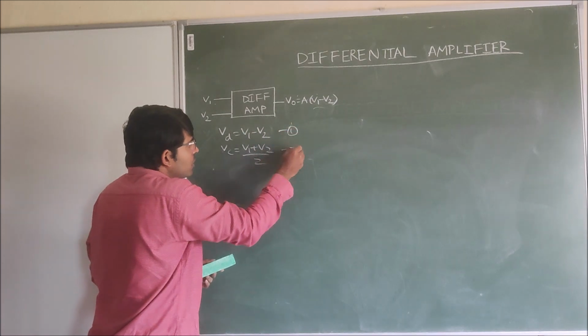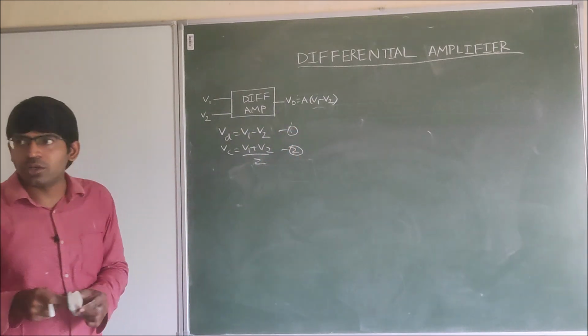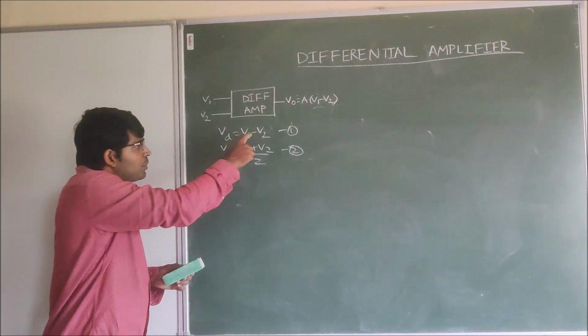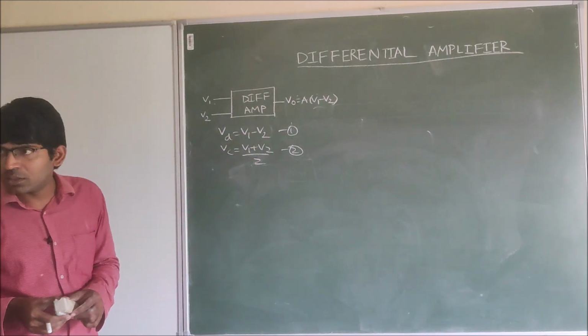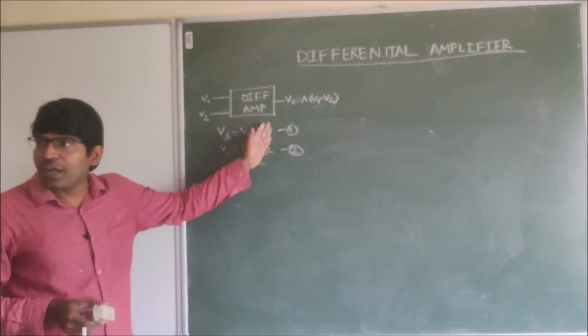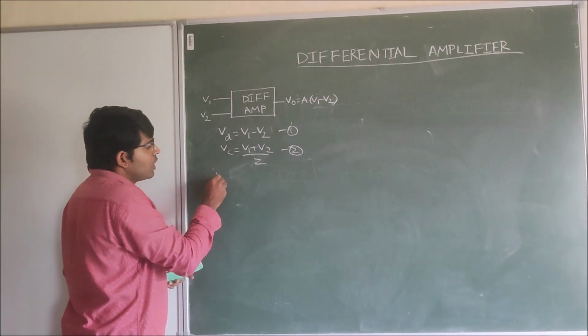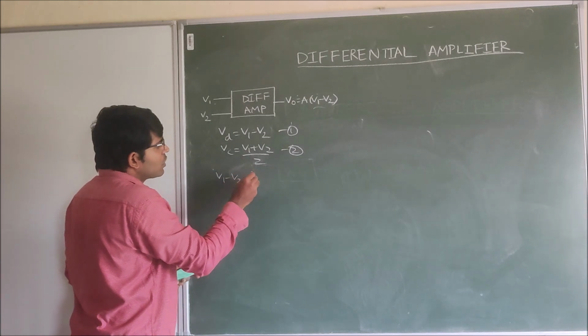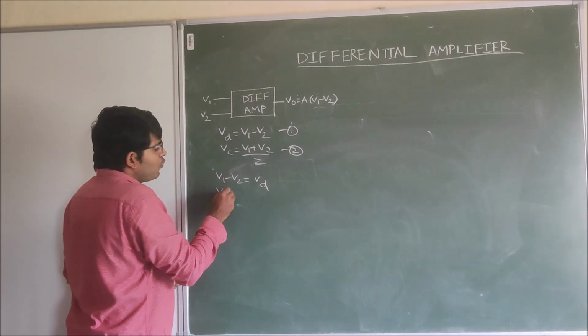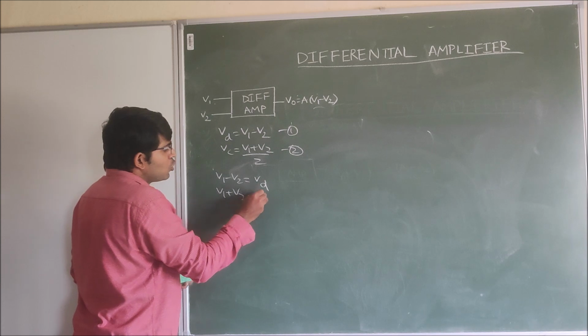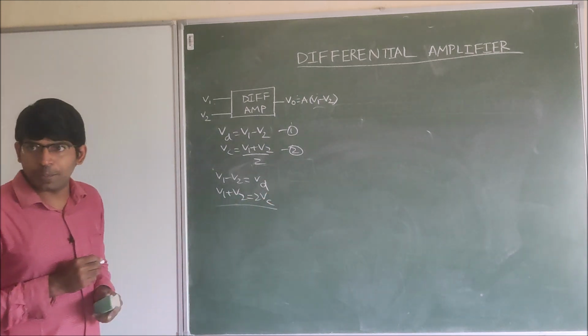This is equation 1, and this is equation 2. From these two equations, we want to get V1 and V2. So I am rewriting these equations: V1 minus V2 is equal to Vd, and V1 plus V2 is equal to 2Vc.